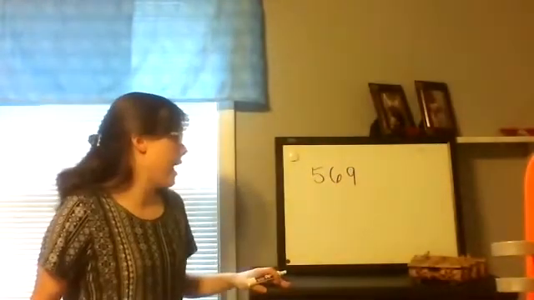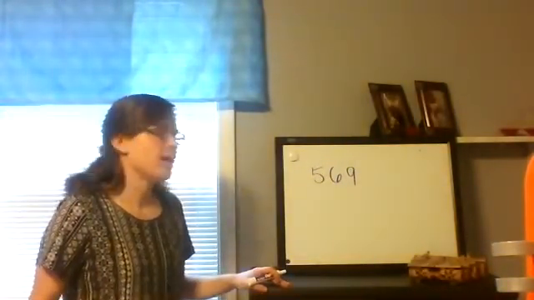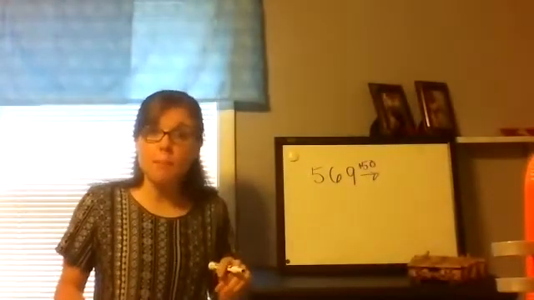So we're going to start with the number 569. And I want to add 50. So I'm going to add 5 tens plus 50. I'm going to use my place value chart to solve.